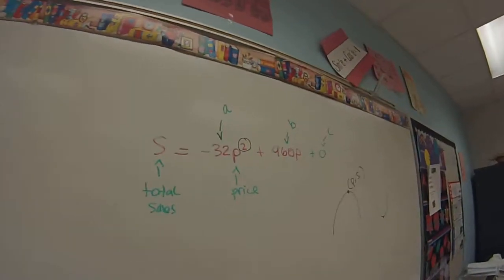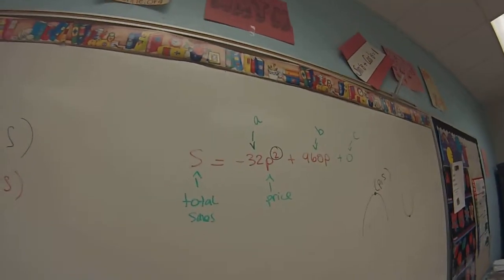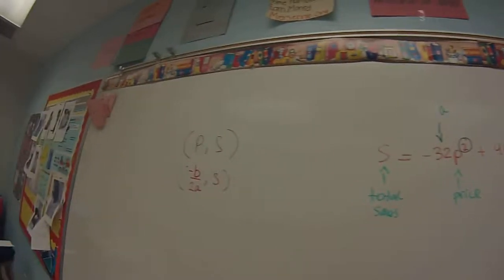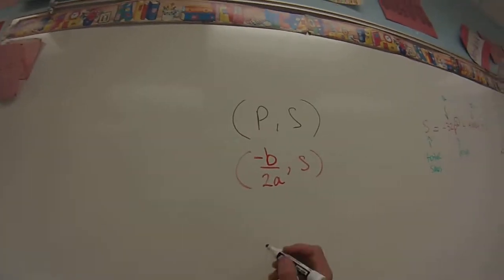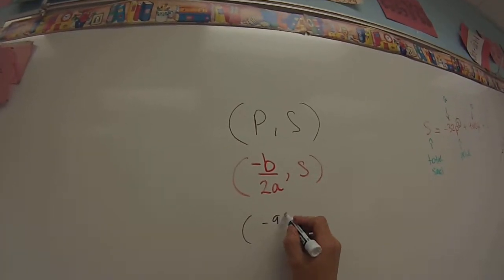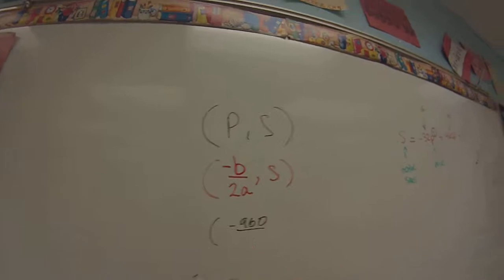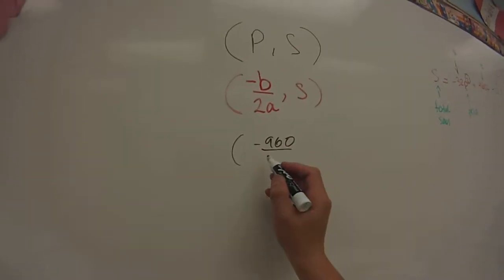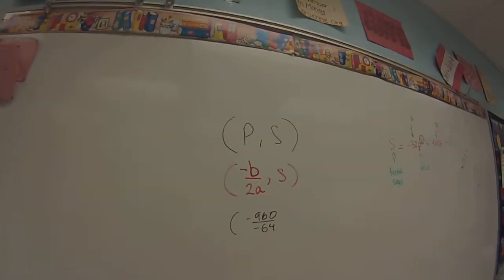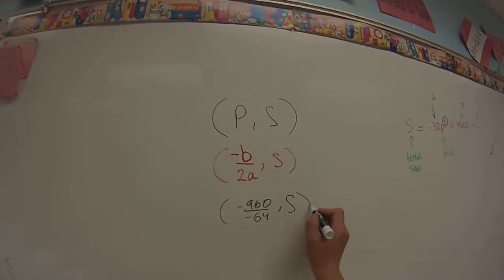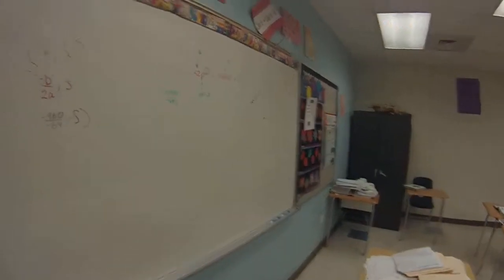Remember that B is 960 and that A is negative 32. Putting that information in here, we get negative 960 over 2 times negative 32, which makes negative 64, comma S.